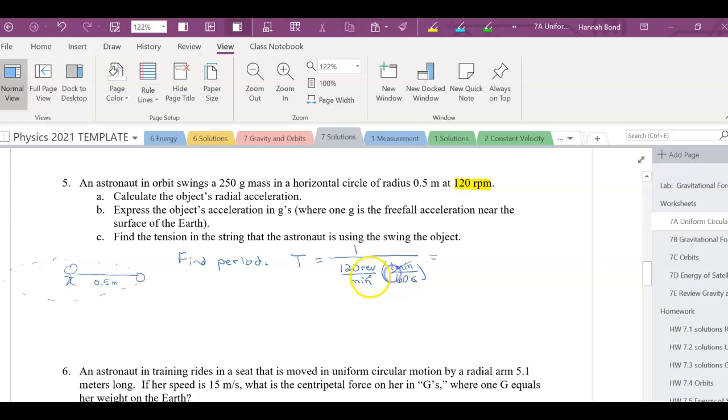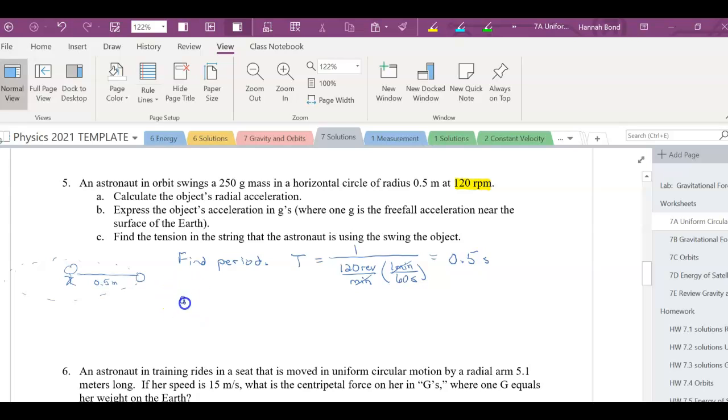I'm just converting to revs per second, and I'm taking the inverse because I want to find how many seconds it takes to make one full revolution. And so I get 0.5. So it takes 0.5 second for this object that the astronaut is swinging to go around the circle one time.